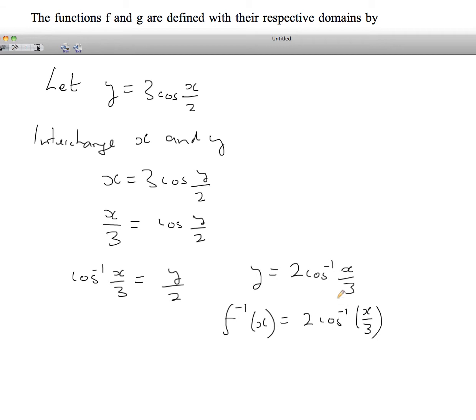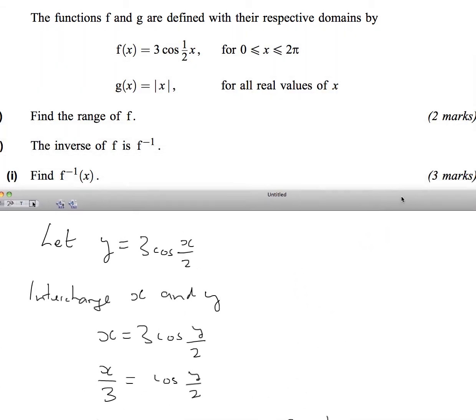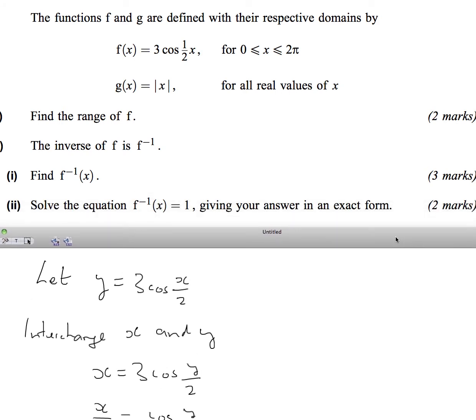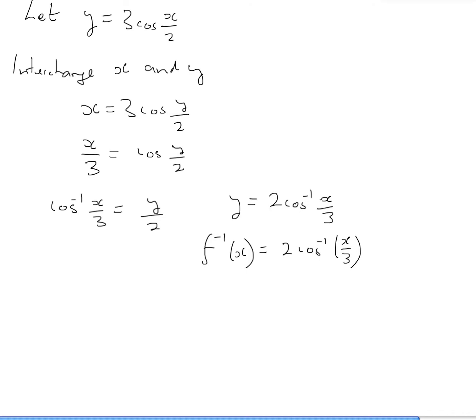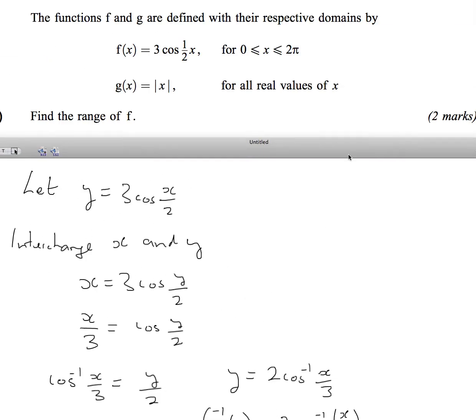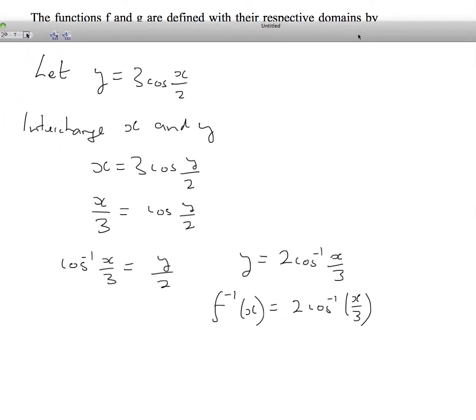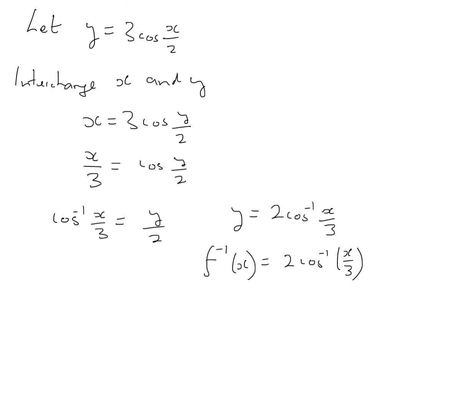We found the inverse. Solve the equation, that equals 1. Right, let's clear that off. So the inverse function equals 1. So 2 cos minus 1 x over 3 equals 1.